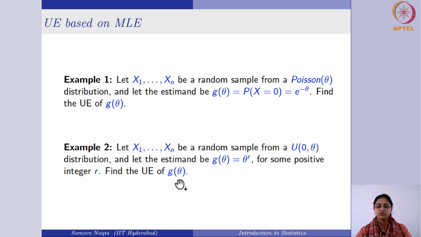You have to find the unbiased estimator for this. For e raised to the power minus theta, we are focusing on the general Poisson distribution, as opposed to the previous one where we studied a truncated Poisson distribution.